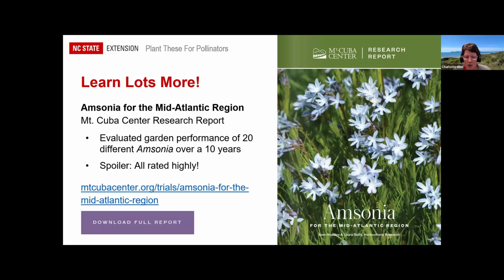And they did a 10-year trial of 20 different Amsonias. That included species and some cultivars. And there's lots of great information in there, but a spoiler, they all did really well. So Amsonia in general, whereas a lot of times in their trial reports, some cultivars or some species rate much lower than others, the Amsonias are just a great group of plants, so they all came out fairly similarly and highly rated for landscape use.